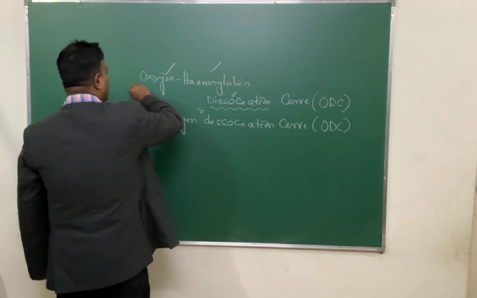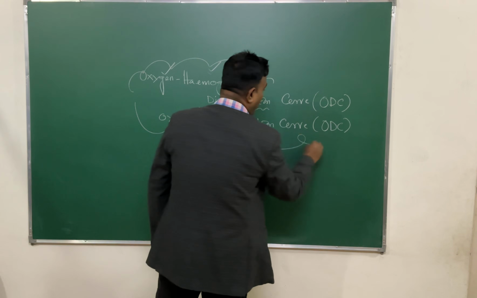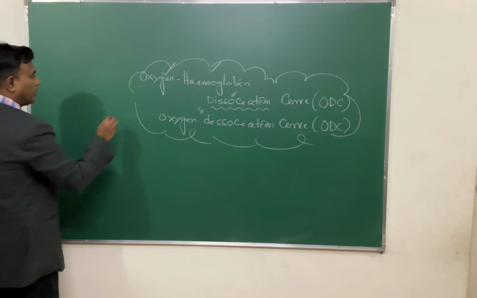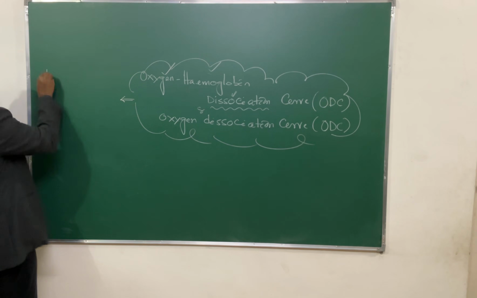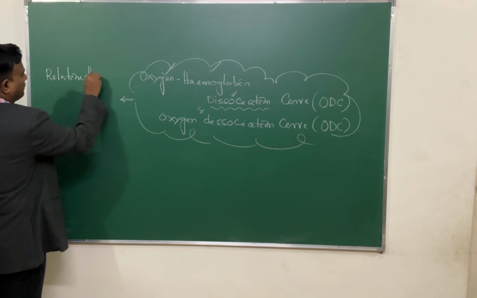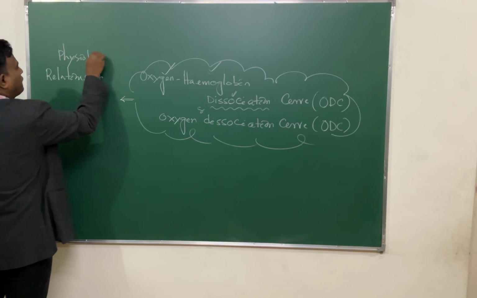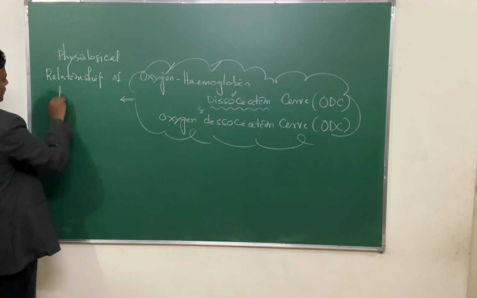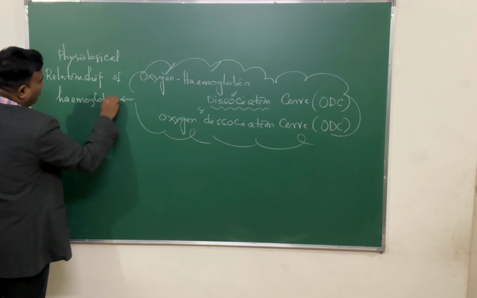Now the point is how we can define this ODC in a common language so that everybody can understand the concept. Number one, this is a physiological relationship of hemoglobin with oxygen.